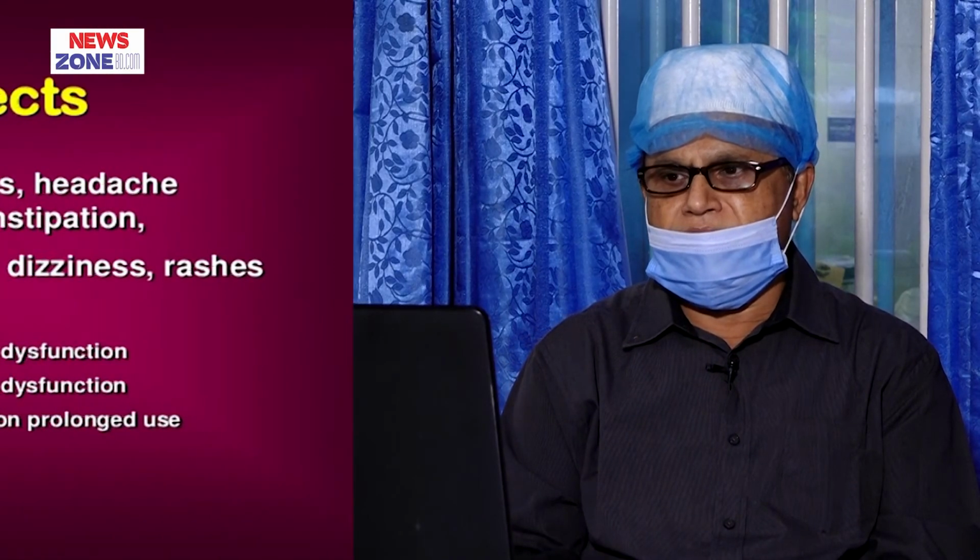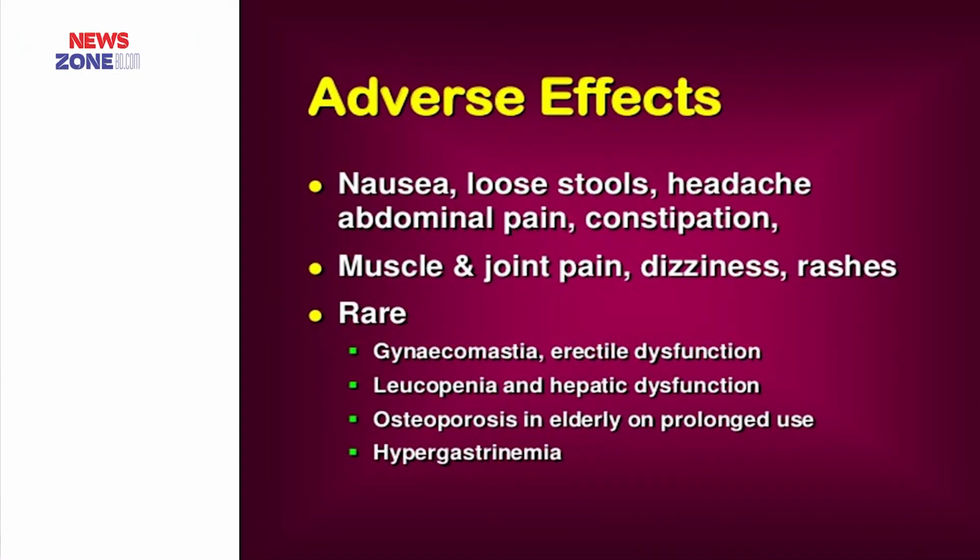Adverse effects of proton pump inhibitors: nausea, loose stool, headache, abdominal pain, constipation, gastritis, atrophy of the gastric cells, muscle and joint pain, dizziness, rashes. Rare side effects are gynecomastia, erectile dysfunction, leukopenia, hepatic dysfunction, osteoporosis in elderly on prolonged use.